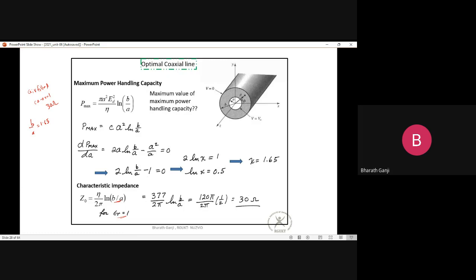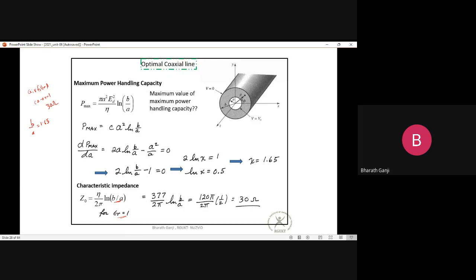So that is what I'm trying to say. If you design a coaxial line, it doesn't matter what is the value of a, the b by a ratio I'm saying, if you can design a coaxial line having 30 ohms characteristic impedance, it will definitely have maximum power handling capability.